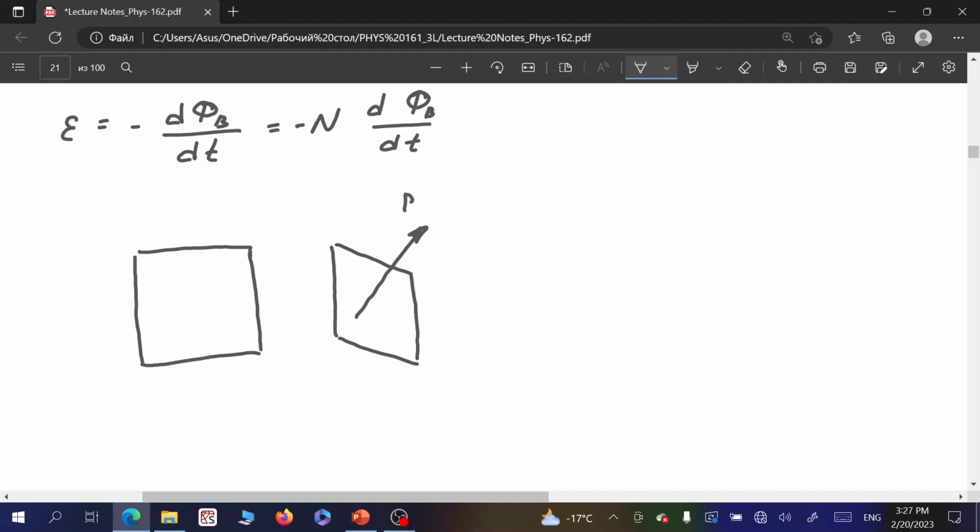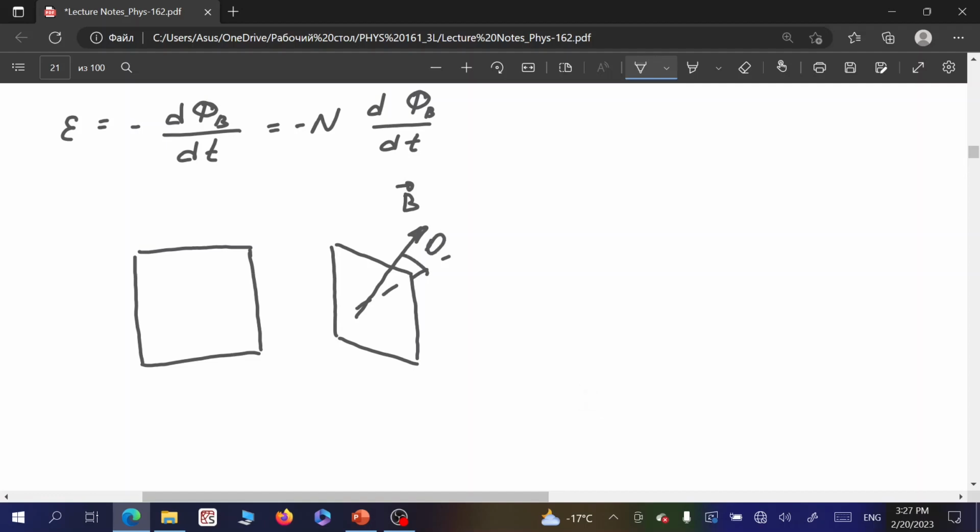So this is the magnetic field vector, and this is the direction of the normal to the surface of this current loop.